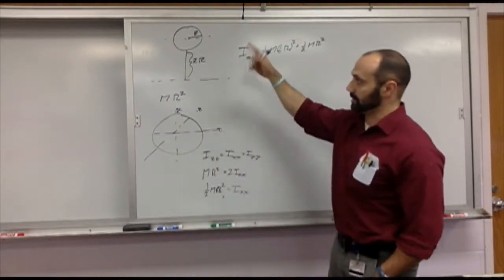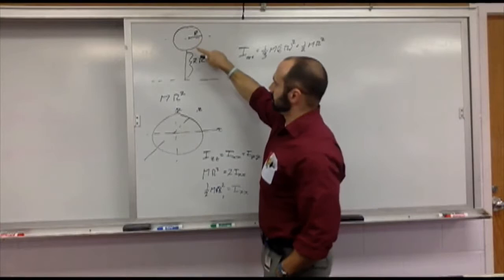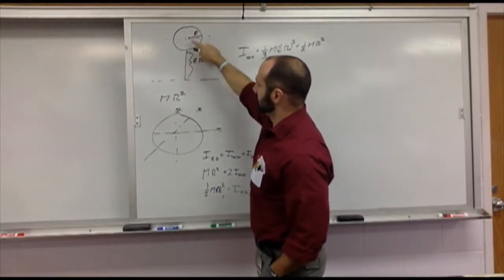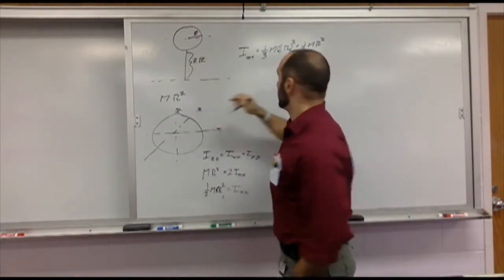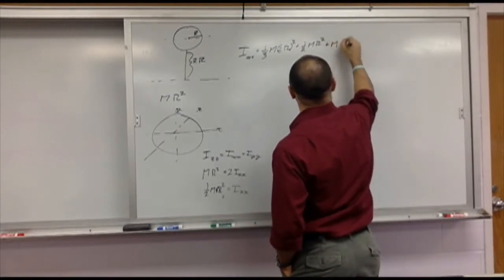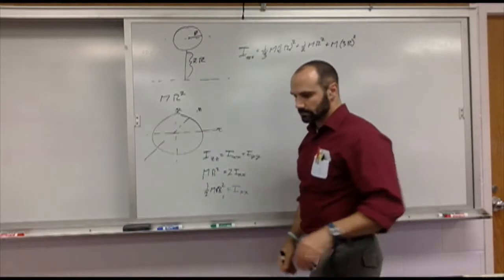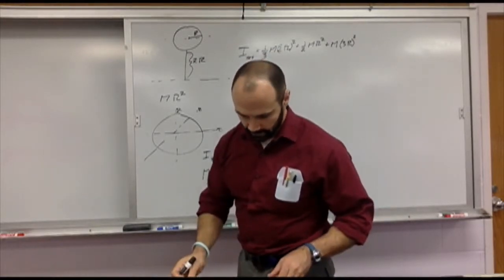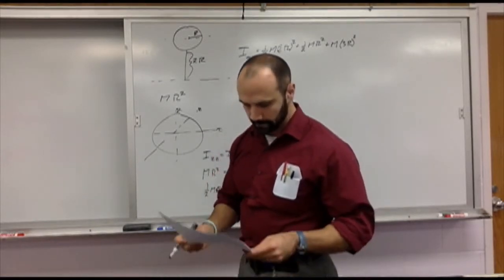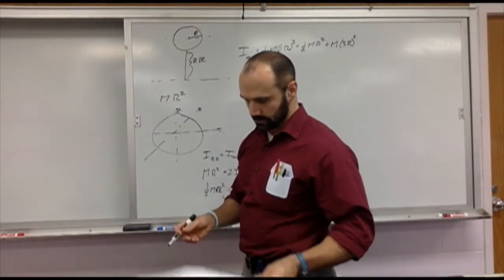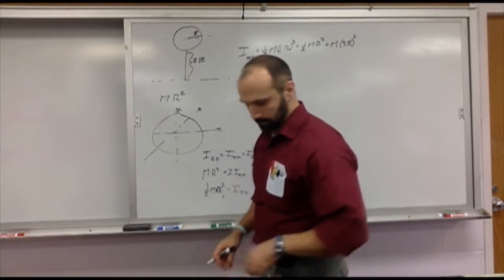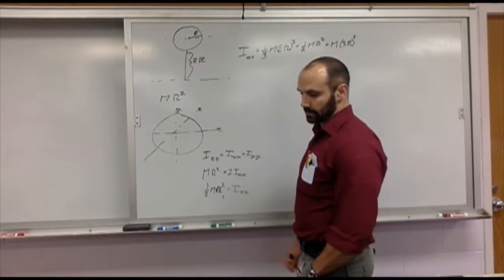But now I have to apply the parallel axis theorem. This is 3r from this axis. So m times 3r squared. Okay. And then we do some, I guess we won't simplify that quite yet.